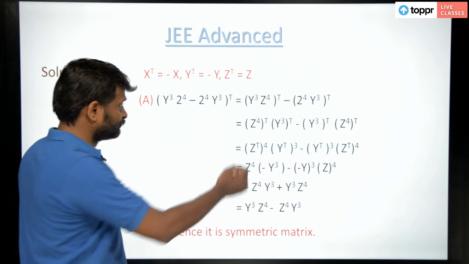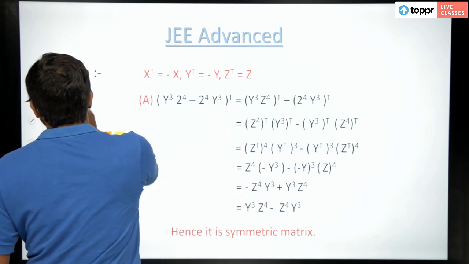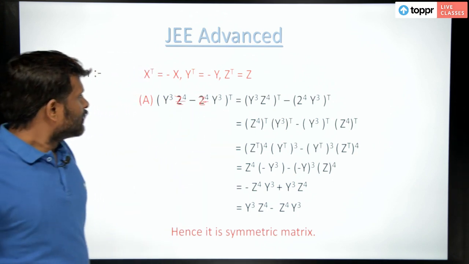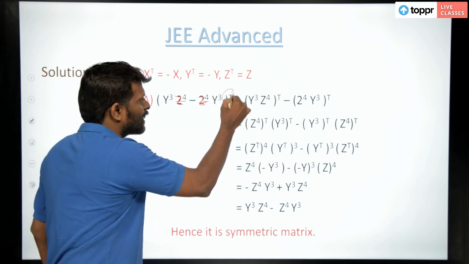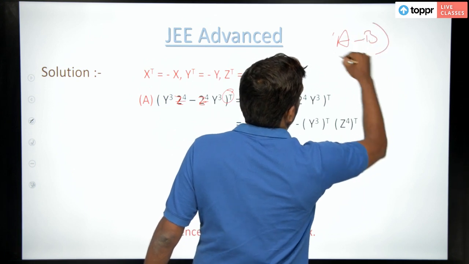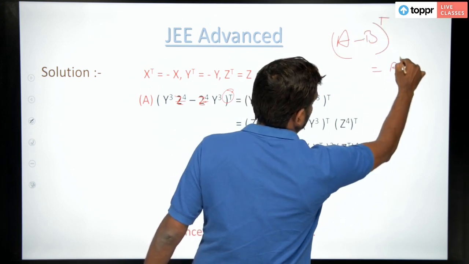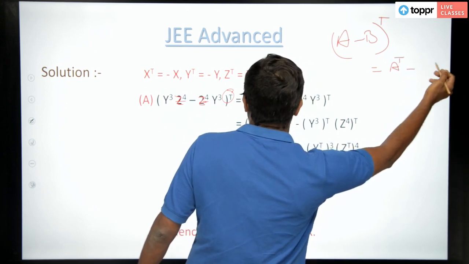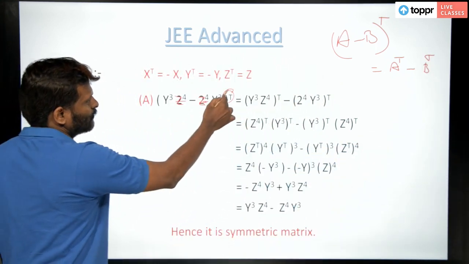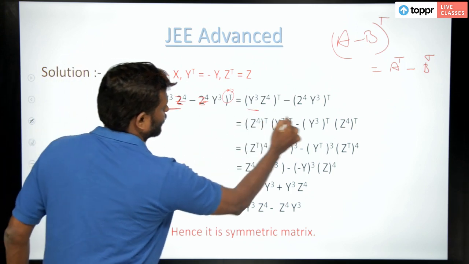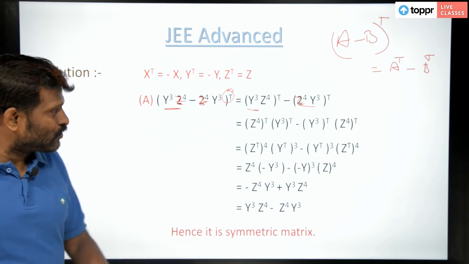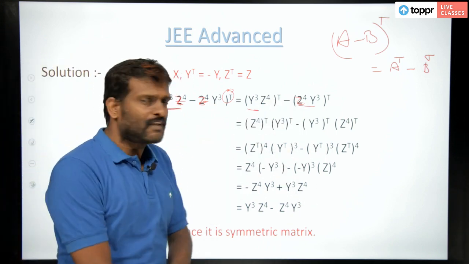So what happens here? Applying the transpose properties, we already know that the transpose of A minus B is equal to the transpose of A minus the transpose of B. Using that, I am taking the transpose onto each of the products: the transpose of y cube times z power 4, minus the transpose of z power 4 times y cube.